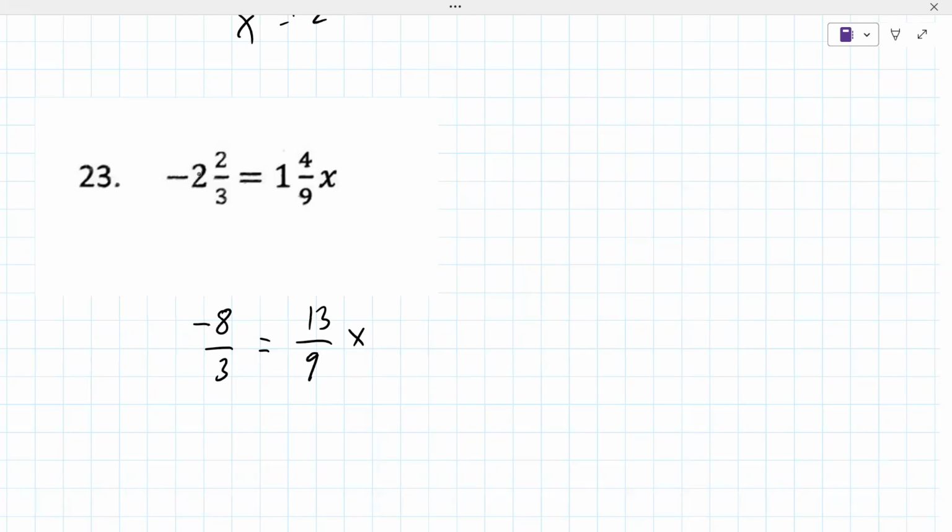And then 8 times 3 is 24. X equals negative 24/13. Yes, that is correct. Very good. All right, so let's go back to 21.